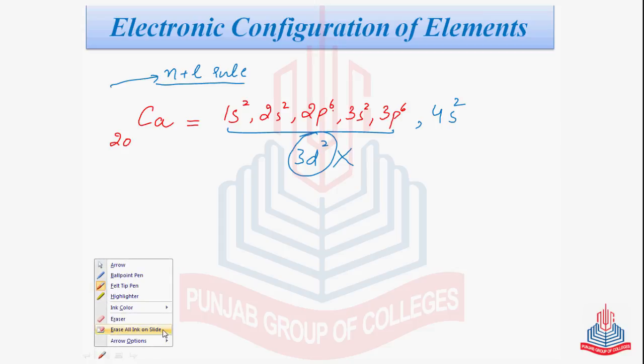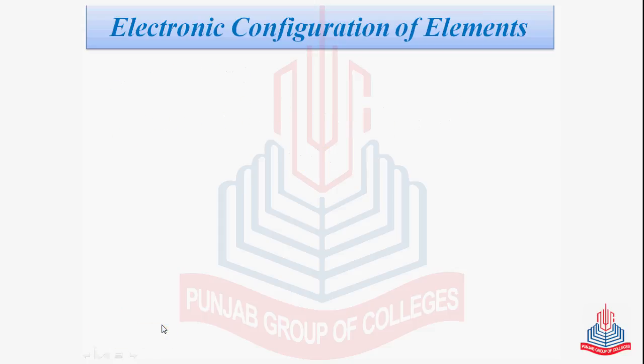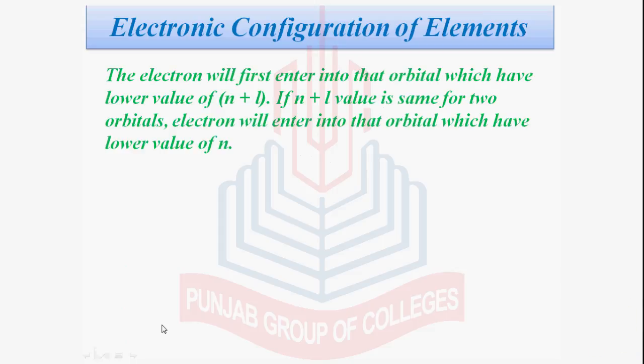So, the electron will first enter into the orbital which has the lower value of n plus L. If the n plus L value is the same for two orbitals, then the electron will enter into that orbital which has the lower value of n.